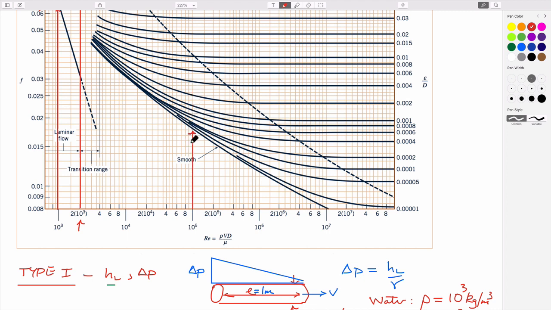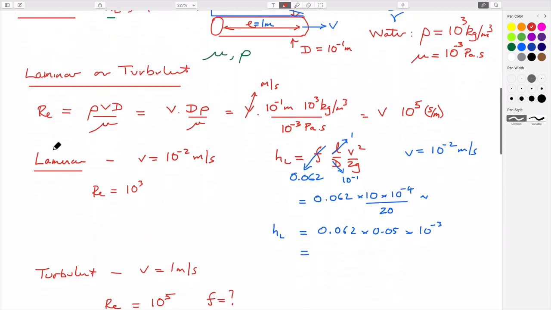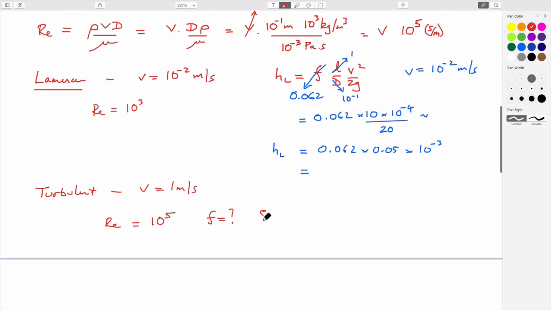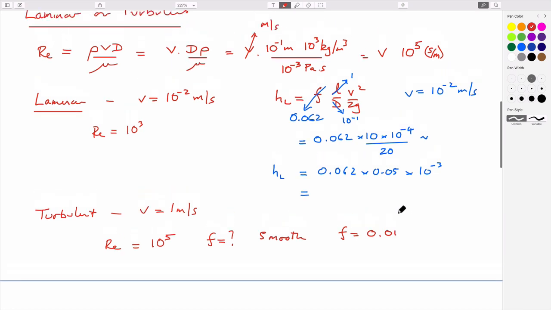If it's a smooth pipe, we'll be at this point here, in which case our friction factor would be equal to 0.175. So if it's smooth, it's 175, I say.